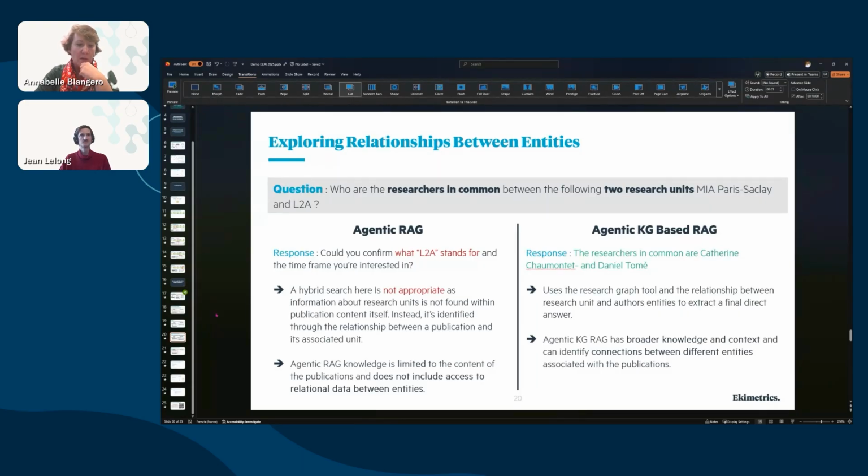Another question that is a bit more complex: who are the researchers in common between the two research units, Paris-Saclay and the L2A? Here, the Agentic RAG did not even understand what the L2A was and asked for more information from the user. And here, hybrid search is definitely not appropriate to answer this kind of question.